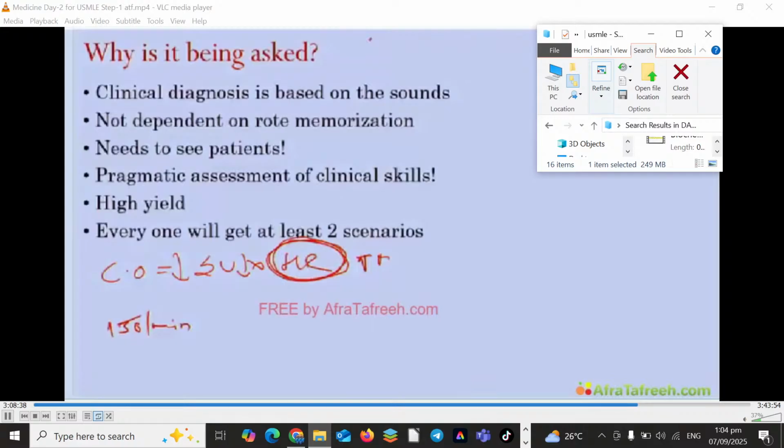That is why it is called a gallop rhythm, because there is tachycardia and there are 3 heart sounds you need to listen to. So it is a tabrak, tabrak, tabrak rhythm, and that tabrak, tabrak is your gallop. Are we clear? Are we good till now? Okay.